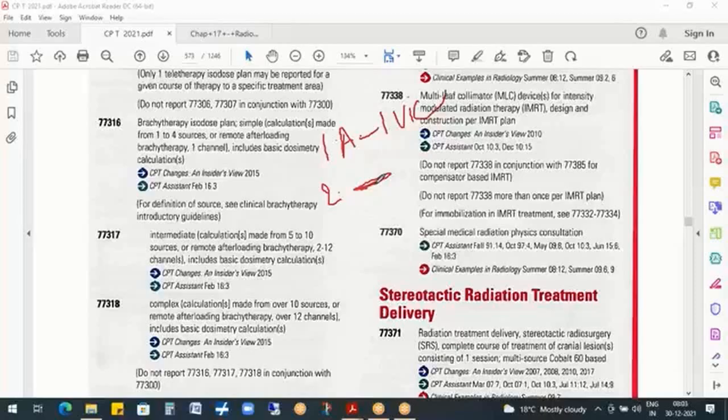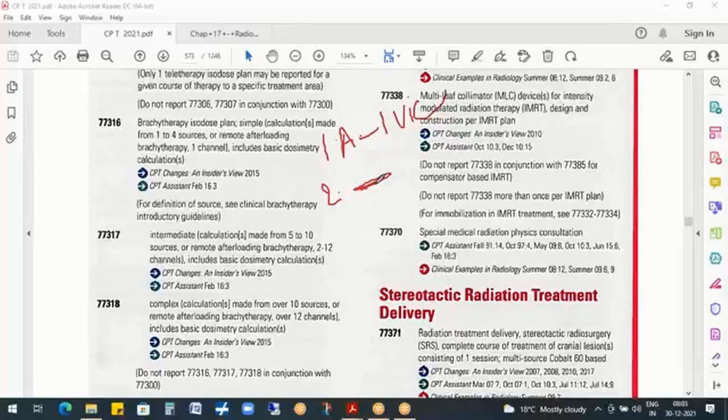When you are getting a question regarding X-ray or radiological examination, what are the key terms we need to look for? Number of views. First, we need to look for the body part. Then we need to look for the number of views.